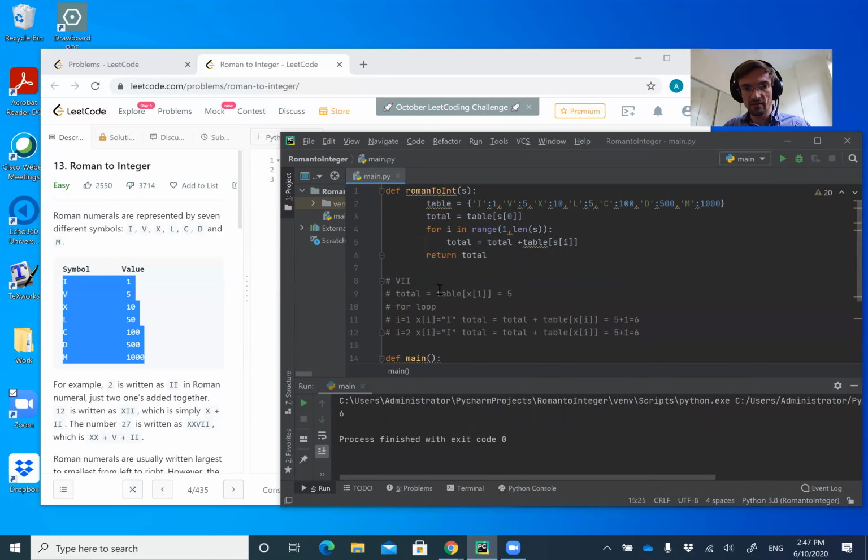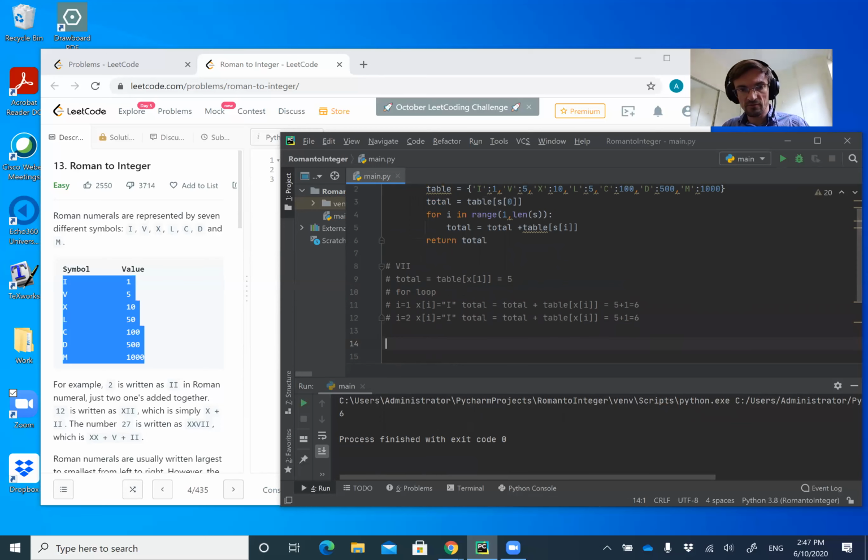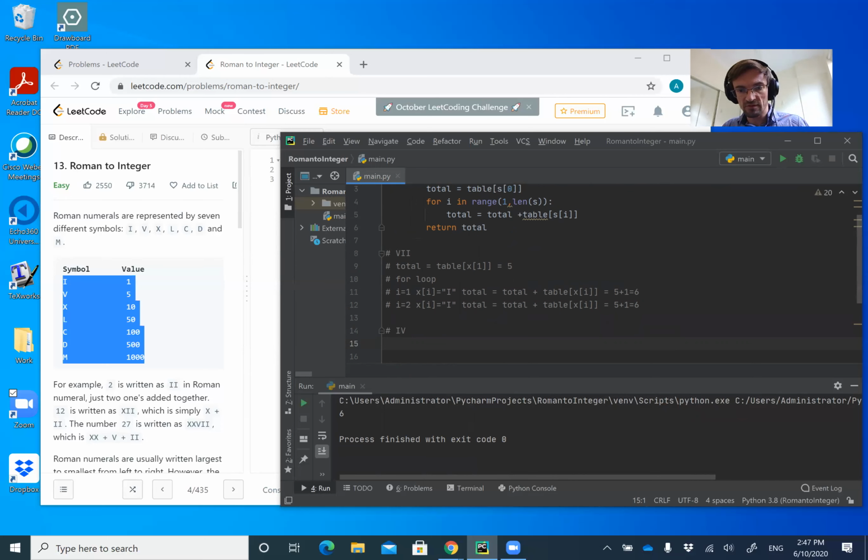So let's just break it down. For 4, we first have that the total is 1.